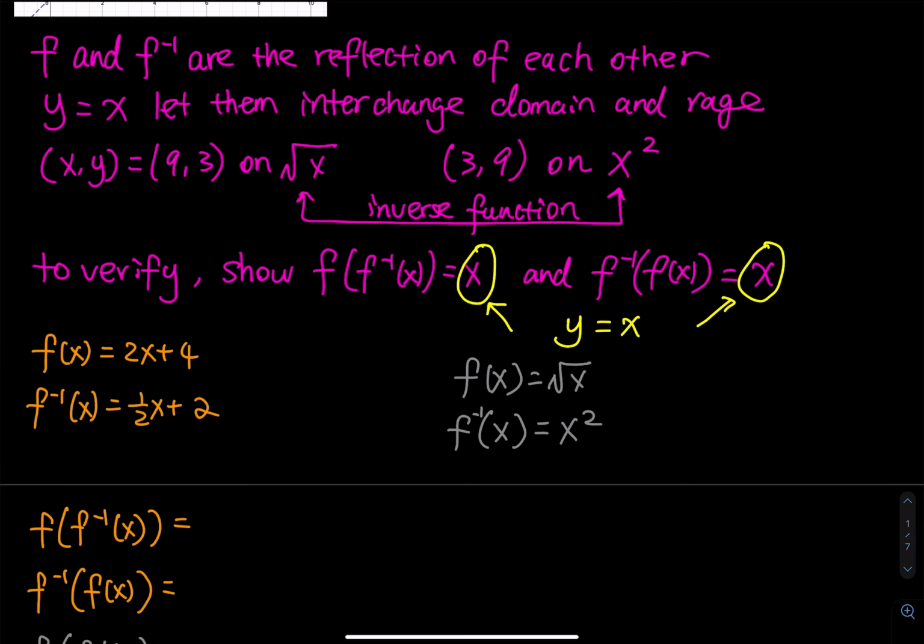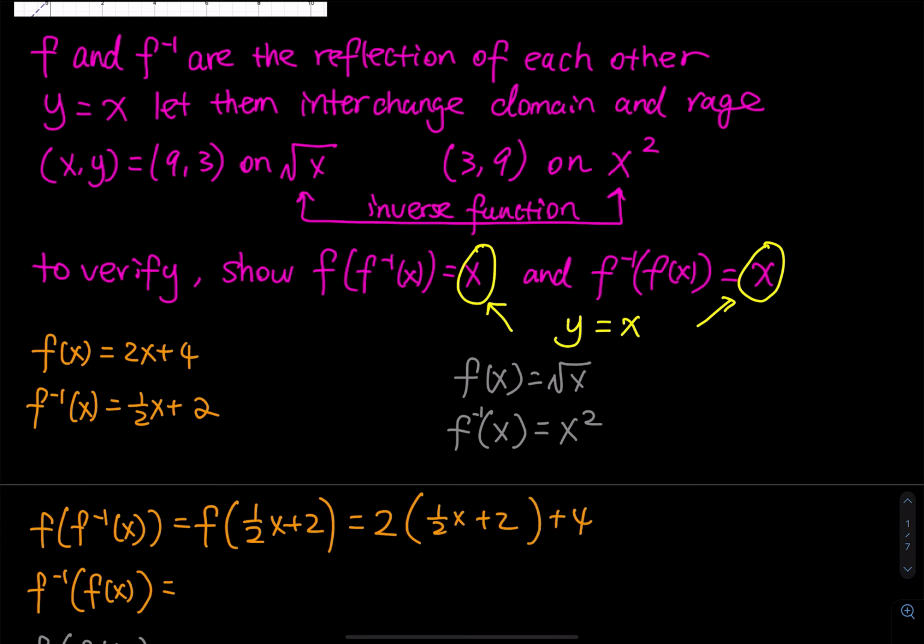So this one, f of f inverse: you put the inverse inside, and the function is 2 times x plus 4, right? And then you put the inverse function right over here and do a quick math. You can see that this is equal to x.